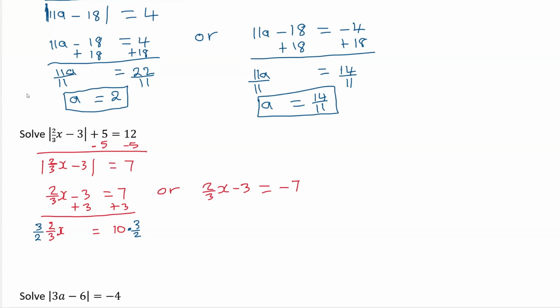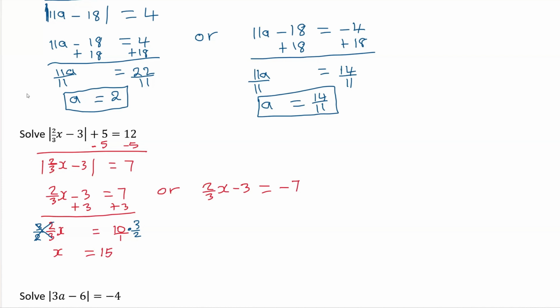Or you can do it all in one step, right? The 3 will cancel the 3, the 2 cancel the 2, and you're left with x is equal to 3 times 10 is 30 divided by 2, 15. So one solution is x is 15.